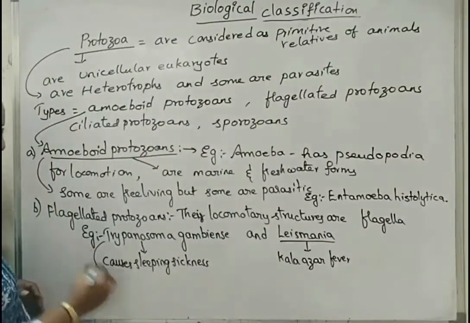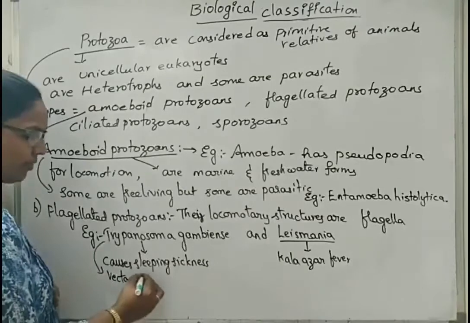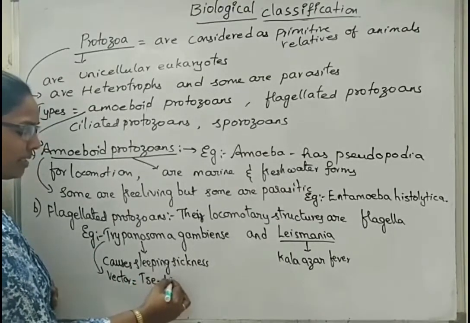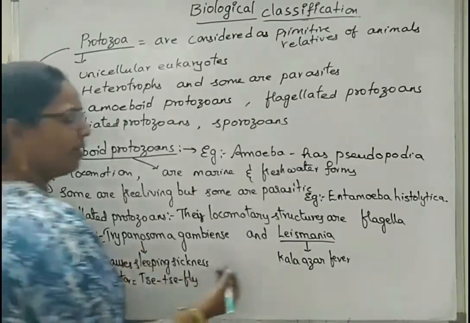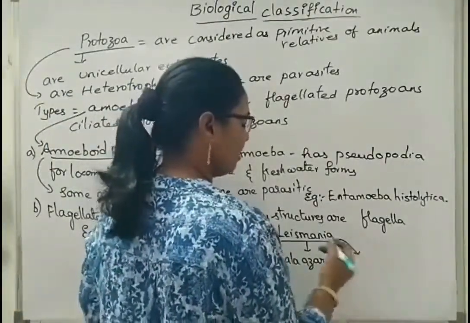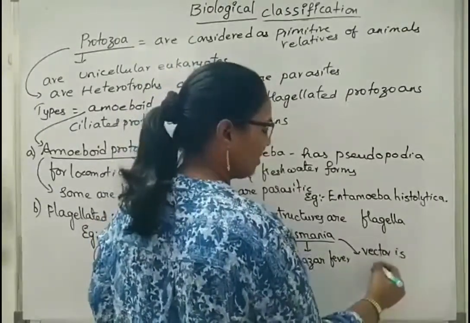For Trypanosoma gambiense, the transporter is called a vector. The vector for Trypanosoma gambiense is the tsetse fly. For Leishmania, which causes Kala Azar fever, the vector is the sand fly.